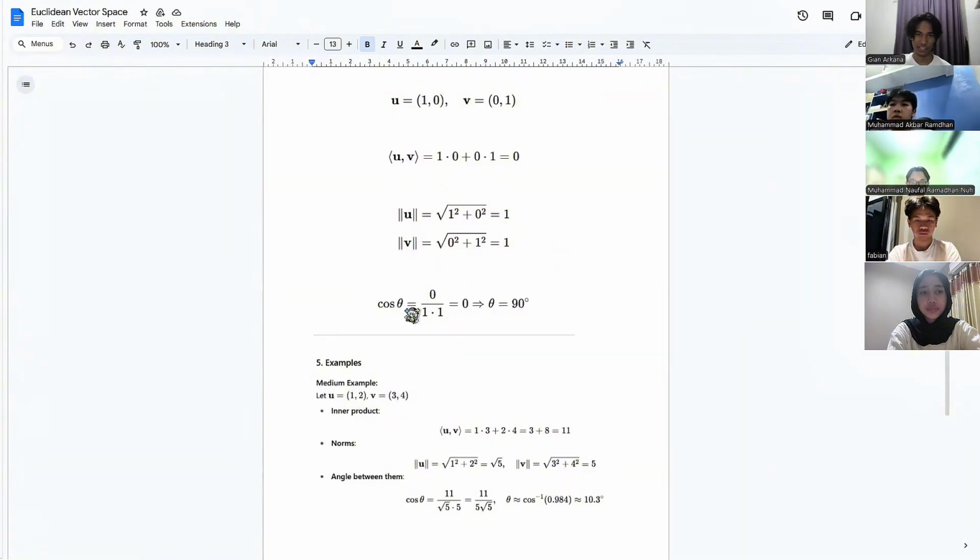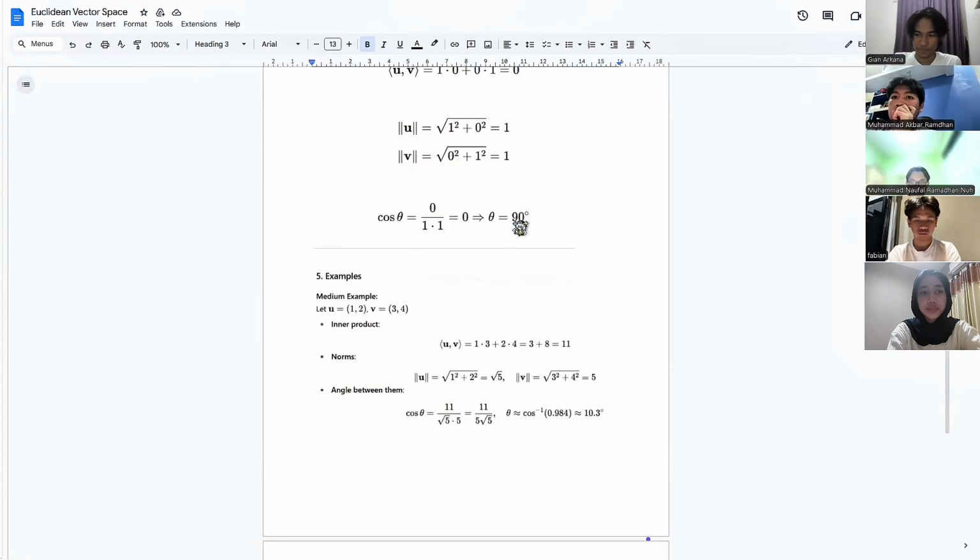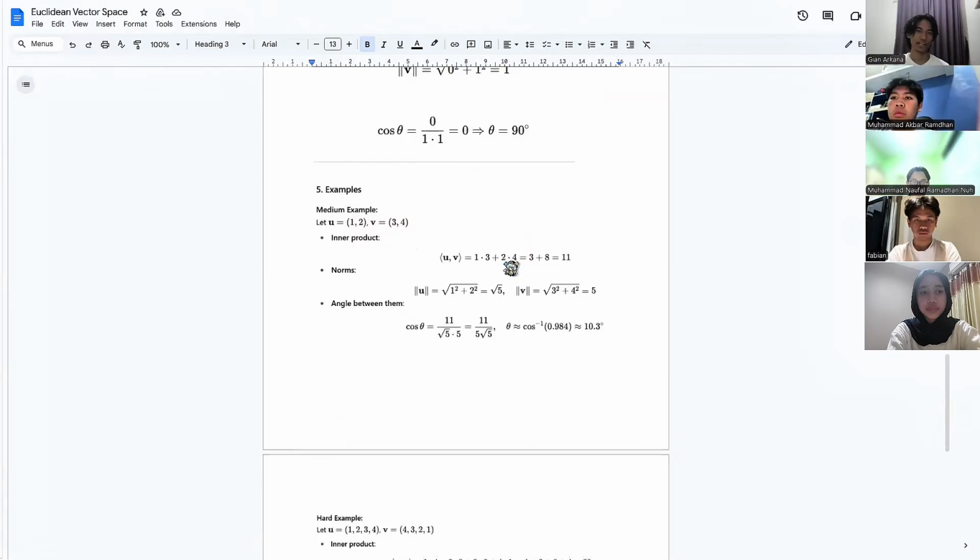And the cosine of that means that the angle is 90 degrees.